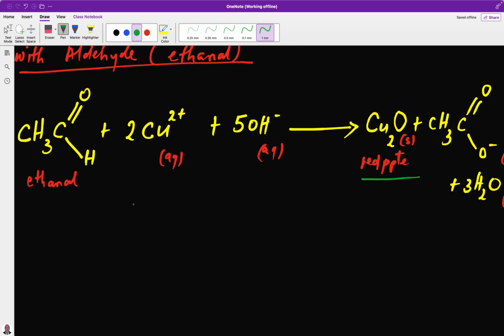Here, copper 2 is acting as an oxidizing agent. Copper 2 is an oxidizing agent. It oxidizes what?